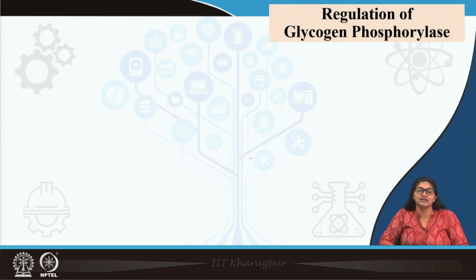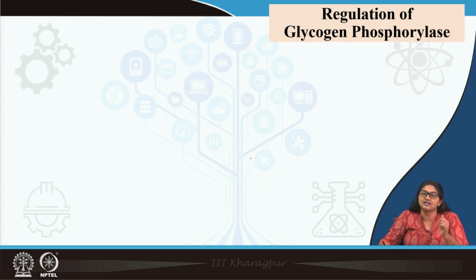Before starting the discussion, I would like to highlight some points about glycogen phosphorylase. It is a very important enzyme with respect to history. Remember, this is the first enzyme where allosteric activity was explained, so it is the first allosteric enzyme discussed.